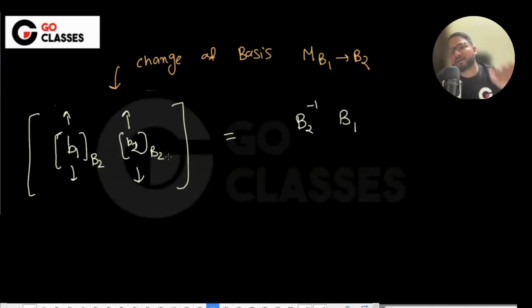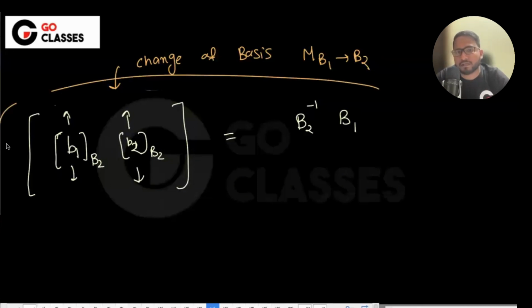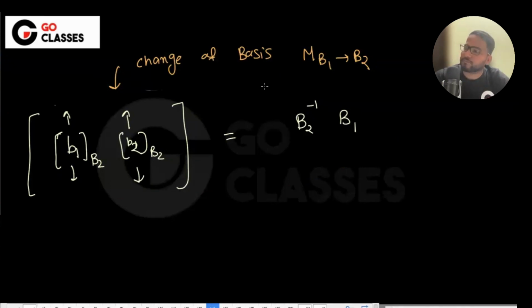Is it too hard to check? Let me know. How many of you are able to visualize that these two are actually the same? Just take your time and let me know. If you're done with the visualization or maybe the calculation, you can just say done. Okay.